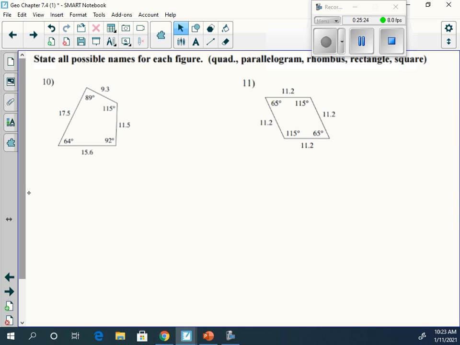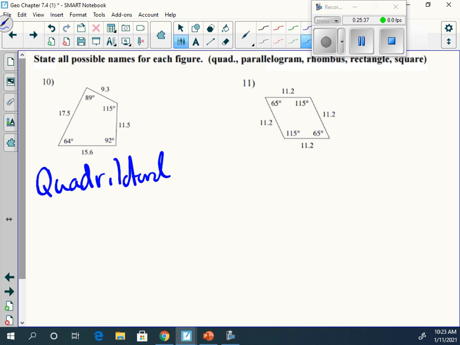Now, looking at number 10. Let's skip 2 of them. Looking at number 10. Well, we can call this a quadrilateral because it has 4 sides. Can I say that this is a parallelogram? Well, if it's a parallelogram, the opposite sides are congruent, yes? Are the opposite sides congruent?